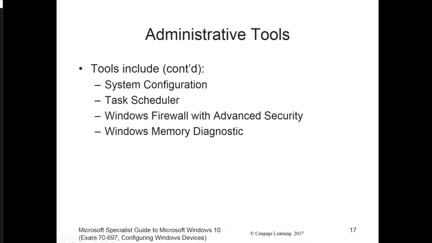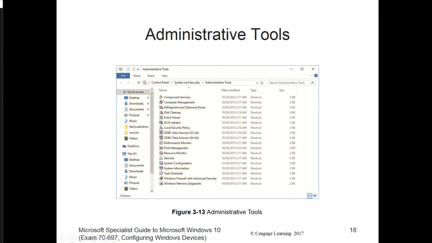We've also got system configuration, task scheduler, Windows firewall and advanced security, and Windows memory diagnostic. There's a lot of utilities that exist, and we just go through and pick out of the system security section in control panel, pick which one we want to deal with, whatever we have to deal with.